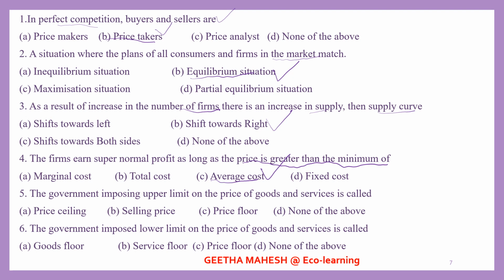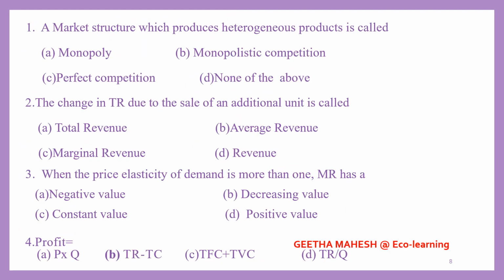Government imposing an upper limit on the prices of goods and services is called price ceiling. Government imposed lower limit on the prices of goods and services, that is price floor. A market structure which produces differentiated products is monopolistic competition.